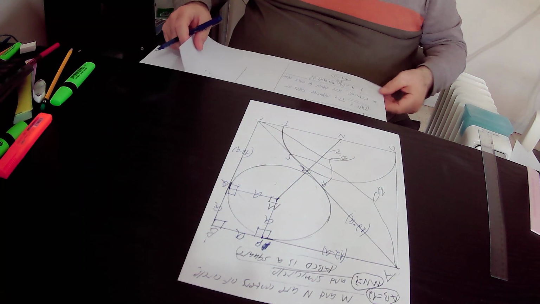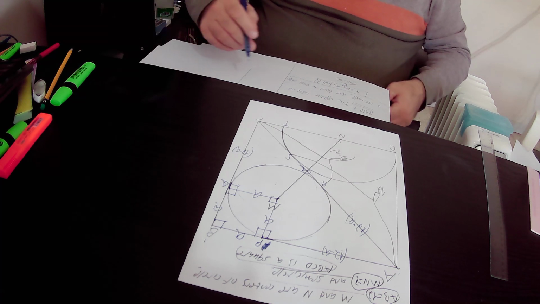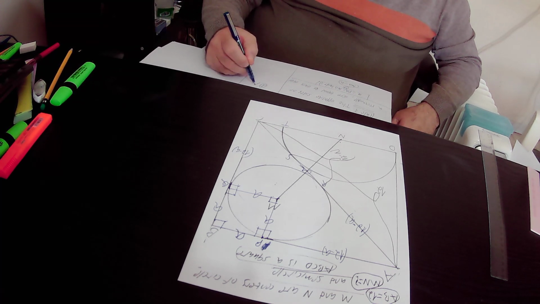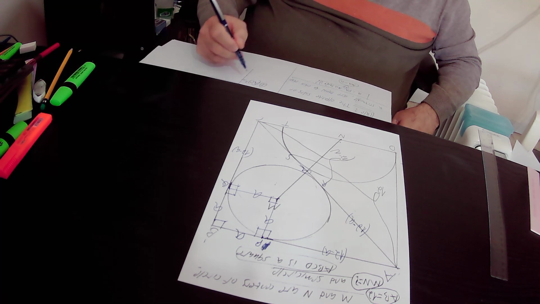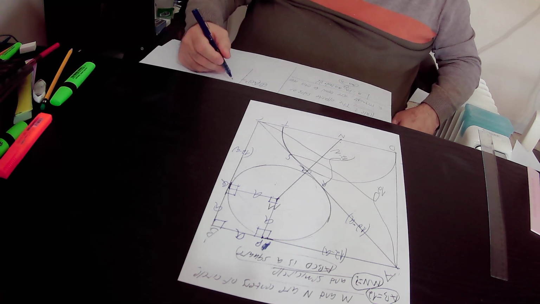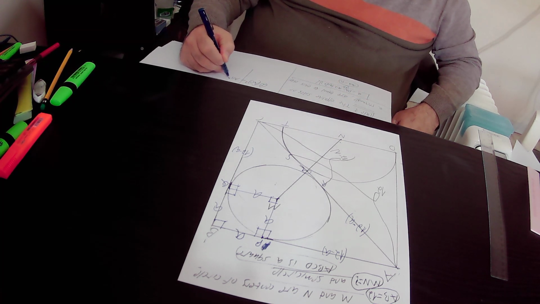The hypotenuse is AC, so the square of the hypotenuse is AC squared. It must be equal to AB squared plus BC squared.